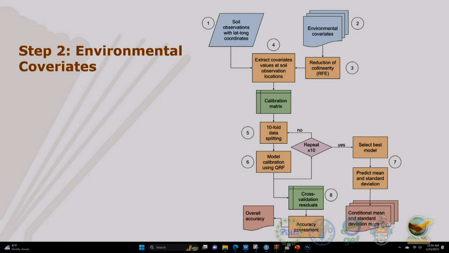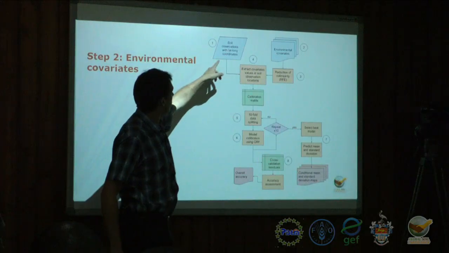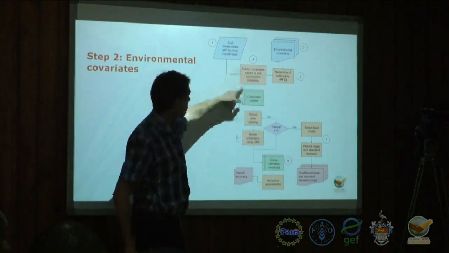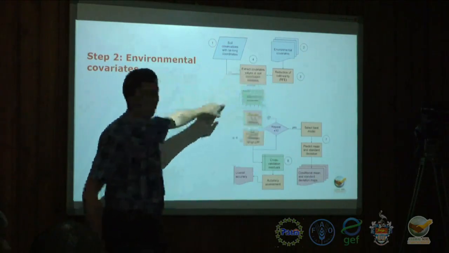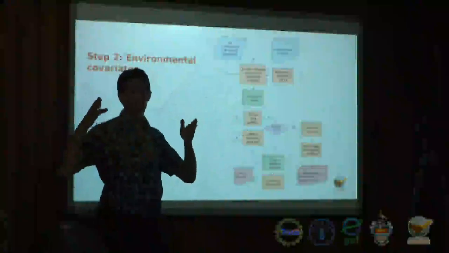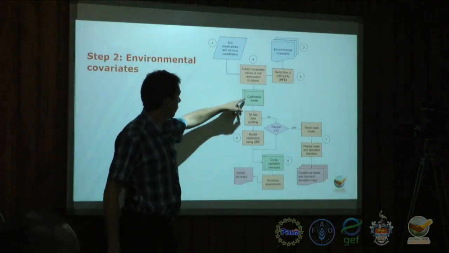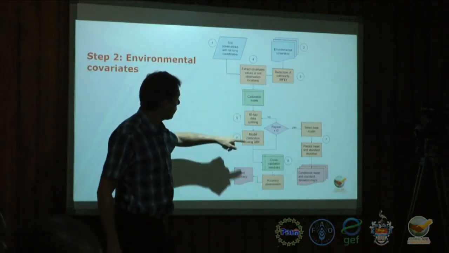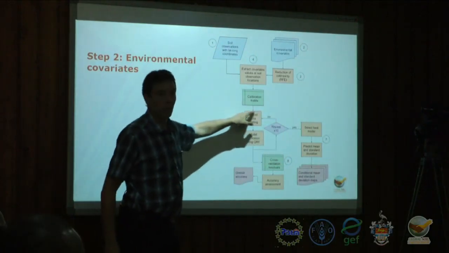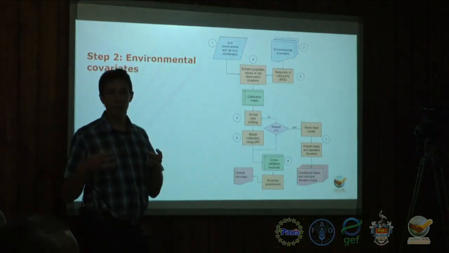So, just to remind you, what we have done yesterday is that we put the soil data and the covariates data together. We created the calibration matrix, this table with the soil properties and the values of the covariates. And then you see here, this part is where we make the model.